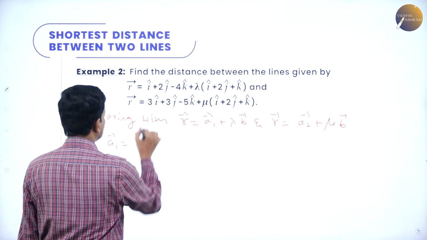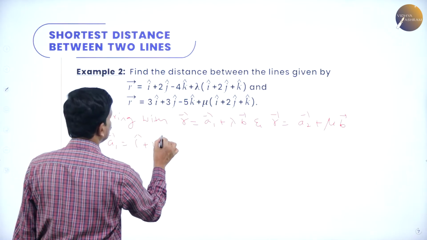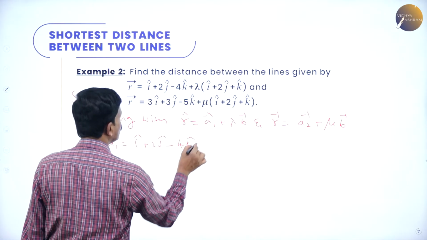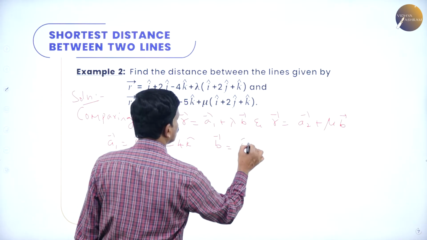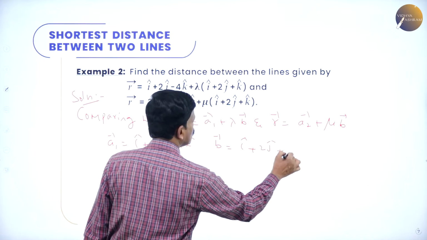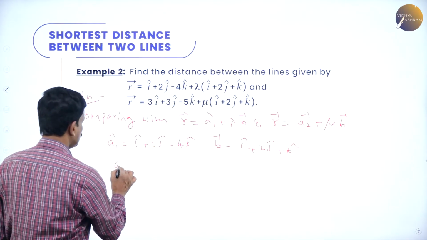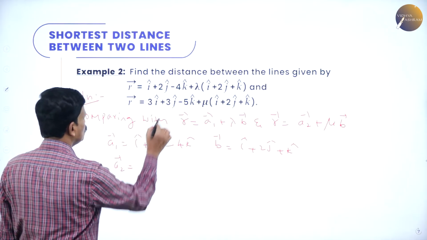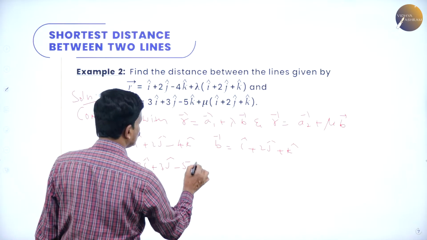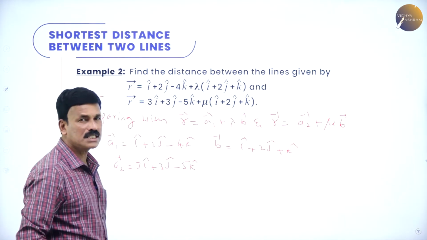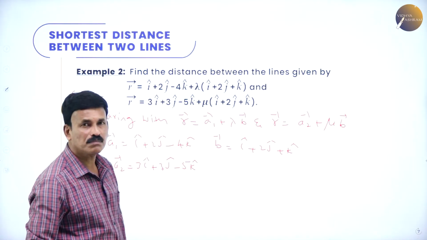Vector A1 is equal to i cap plus 2j cap minus 4k cap, and vector B is equal to i cap plus 2j cap plus k cap, and vector A2 is equal to, what is A2? This is 3i plus 3j cap minus 5k cap, and the vector B is same. So these two vectors are parallel vectors.